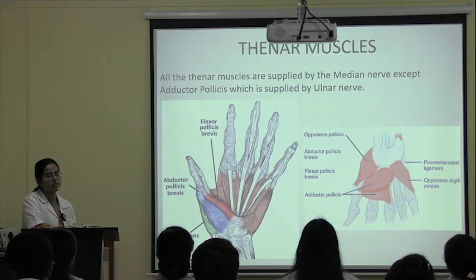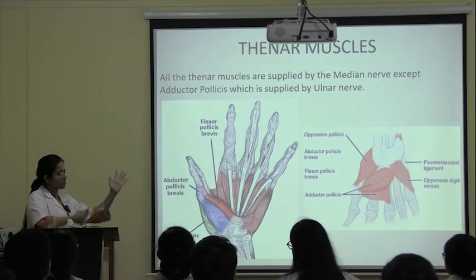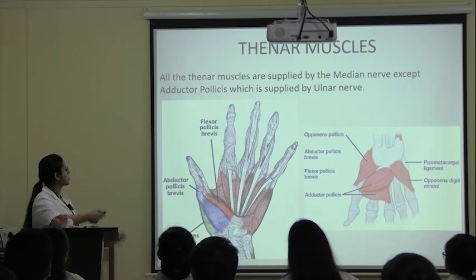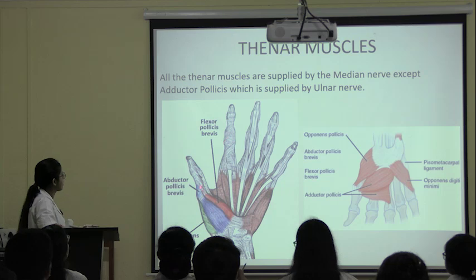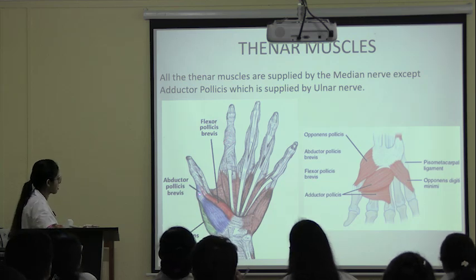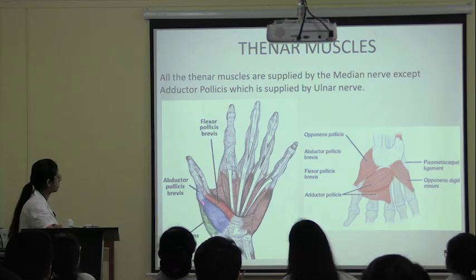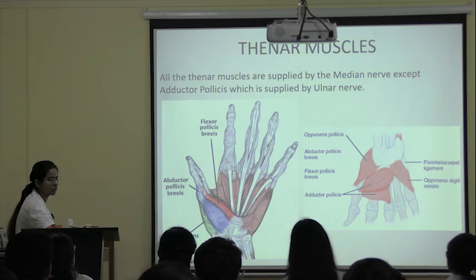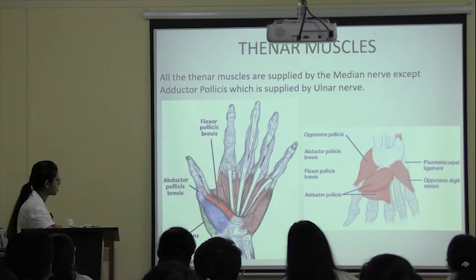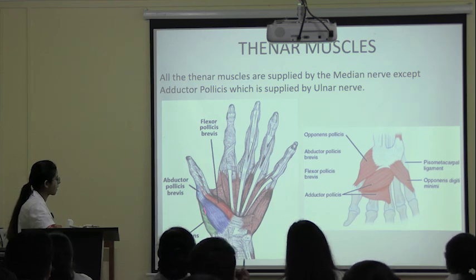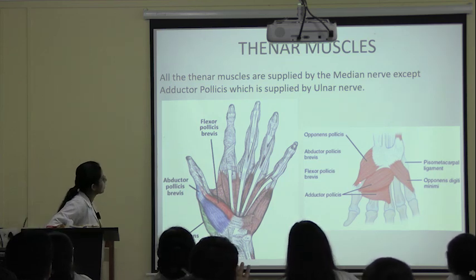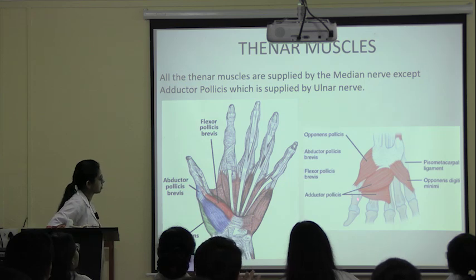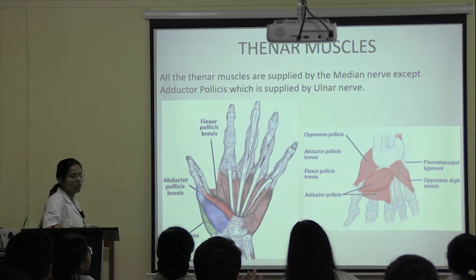First of all, I will tell about the thenar muscles. This is the thenar eminence. What are the muscles? First is abductor pollicis brevis. Second is flexor pollicis brevis. Third is opponens pollicis. And fourth one is adductor pollicis. So learn now only.